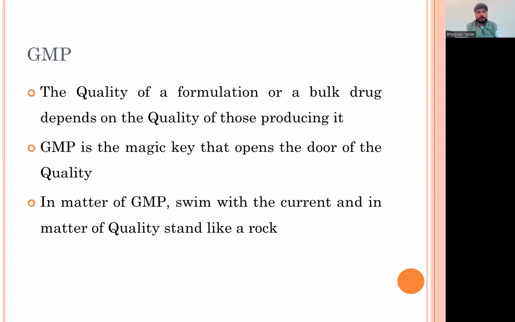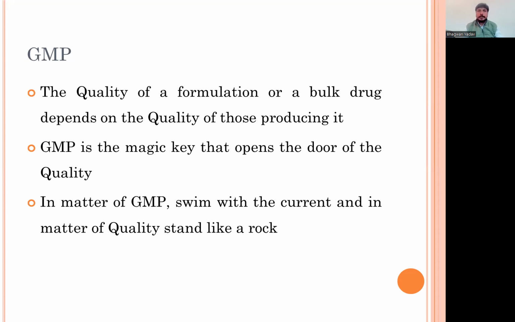If the quality is not in the inputs, then we cannot say the quality will be received in the output. The quality depends on the formula, excipients, ingredients, everything which we are using at the initial stage.